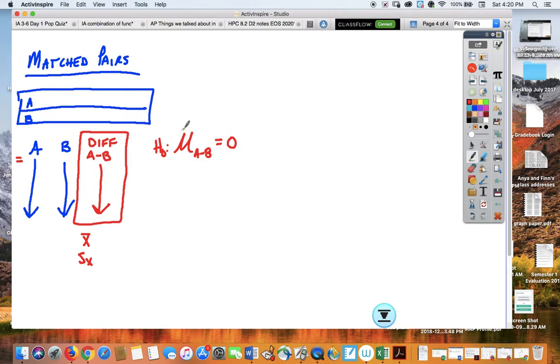In other words, that there's no difference. The alternative would be that the mean of A minus B would either be greater than or less than or not equal to zero, just depending on the wording of the problem. The bottom line is that there's only one mean.